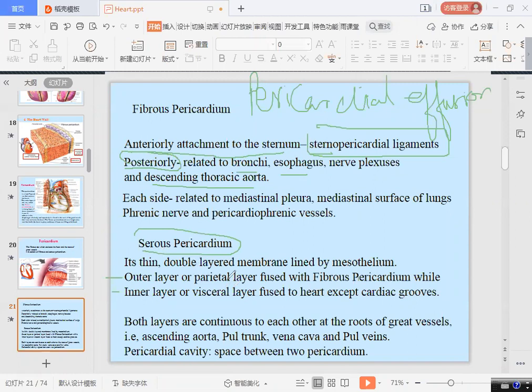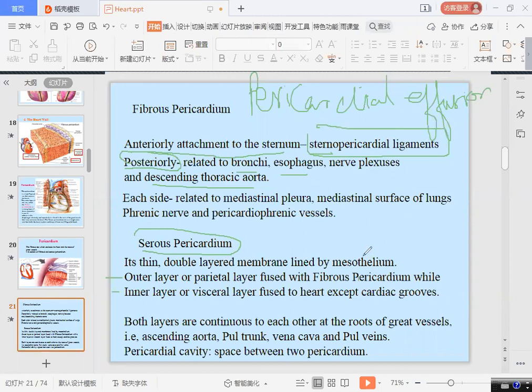There is an accumulation of fluid within the pericardium, and that condition we call pericardial effusion. Remember this. Pericardial effusion happens in a lot of conditions, for example hypothyroidism, and it can occur in heart failure most commonly.